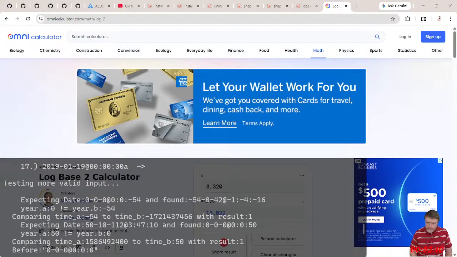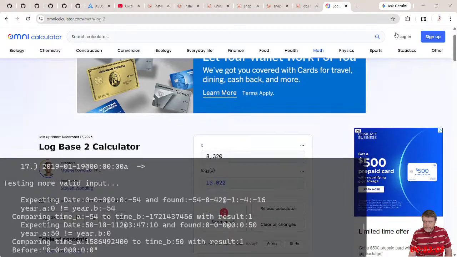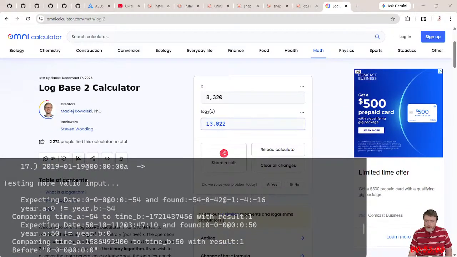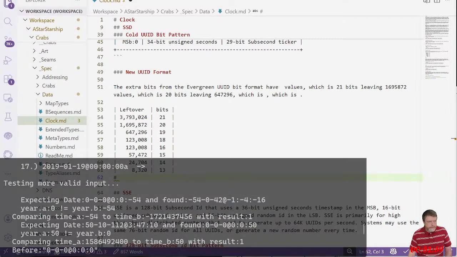How do I know that? It's almost near the log. It's like almost to the base power. So we'll see if it skips.